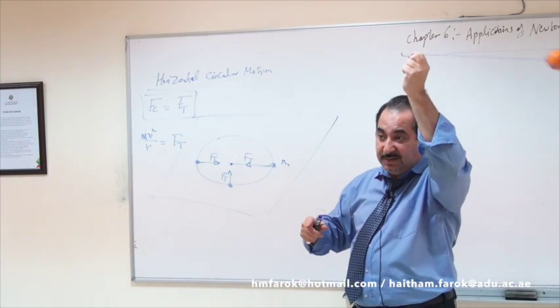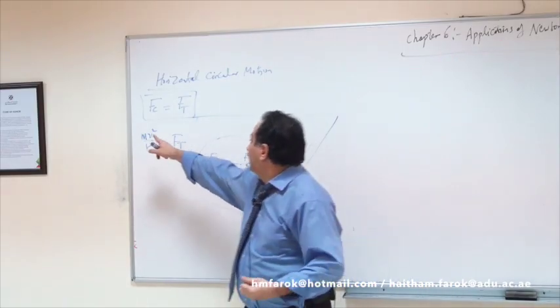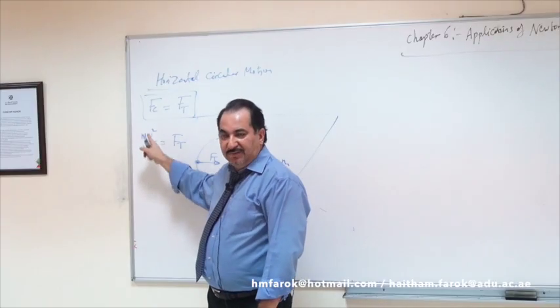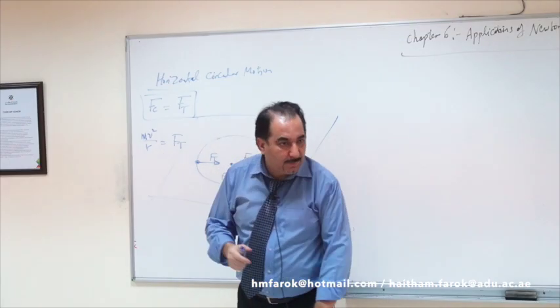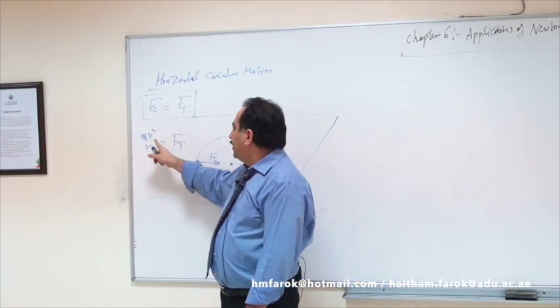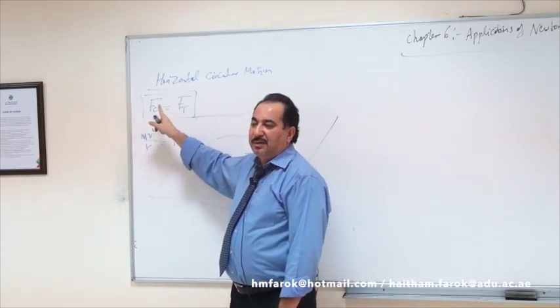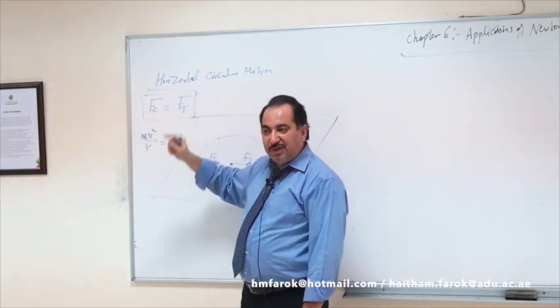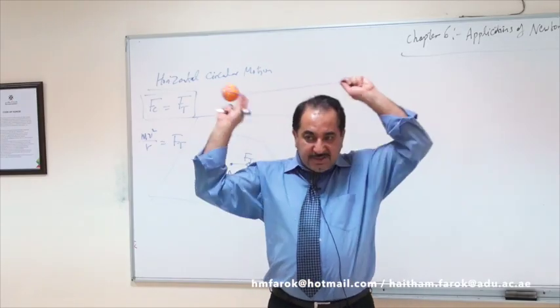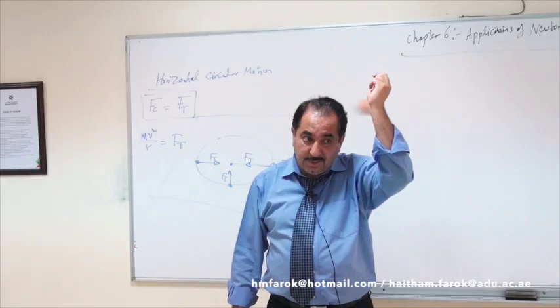First, Fc increases, because Fc and v squared are directly proportional, yes? So when you increase v, you are increasing Fc, and when you increase Fc, you are increasing the tension, yes?